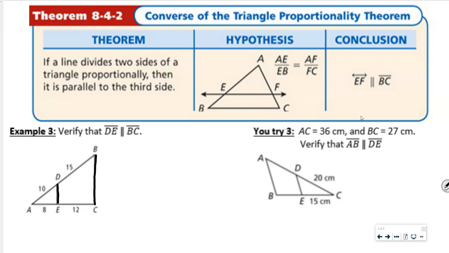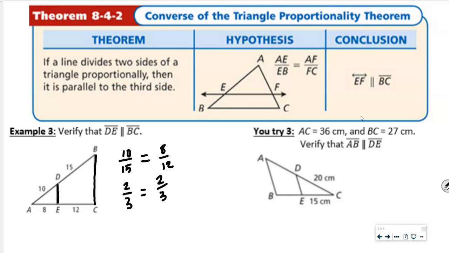So what we're going to do is I'm going to do 10 over 15, and see if that's equal to 8 over 12, okay? So 5 goes into 10 2 times, and 15 3 times, 4 goes into 8 2 times, and 12 3 times.